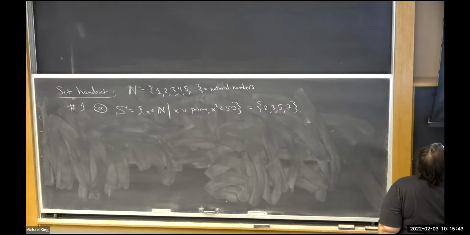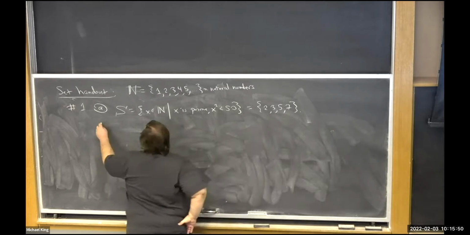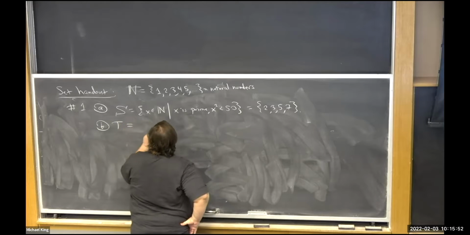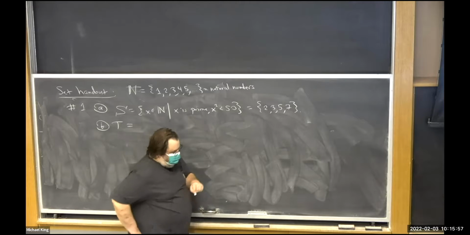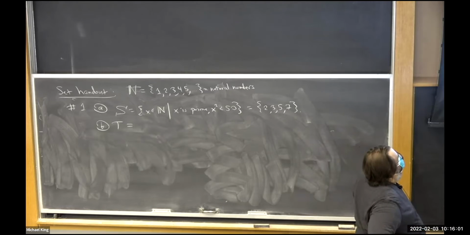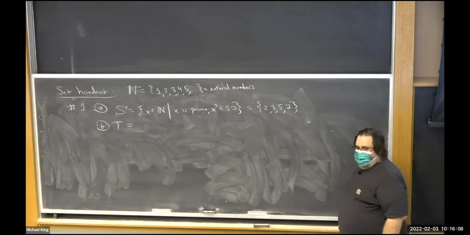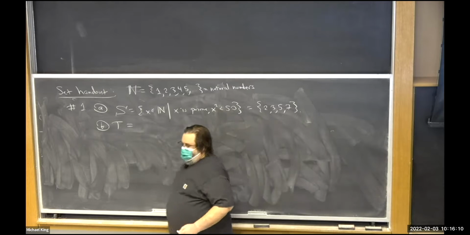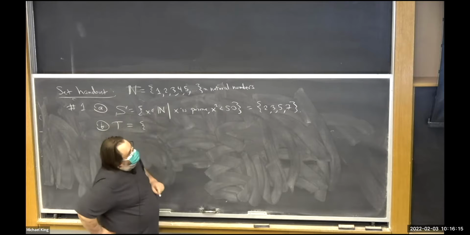I threw in some ors. So what was T? X is prime and either X is even or X is between 10 and 30. I may not copy the whole thing from the handout, and these are natural numbers.